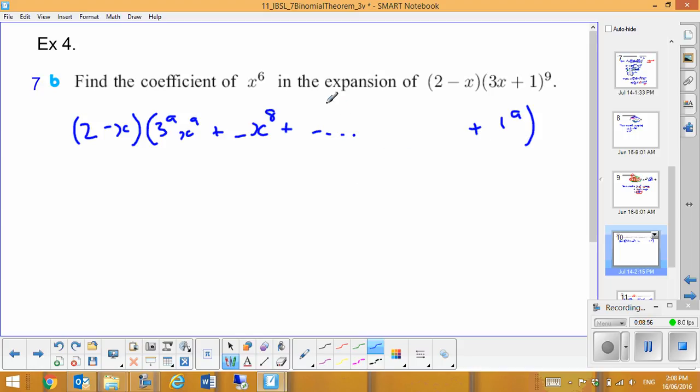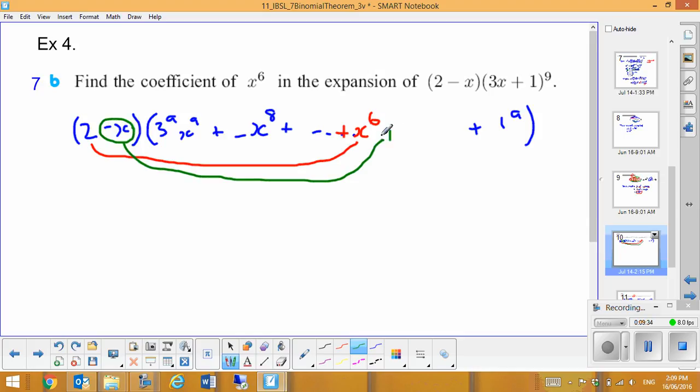But if we want the term in x to the 6th, then when I do this multiplying, I'm going to go 2 times a term in here that's going to be x to the 6th, because they're going down in ones: x to the 9th, x to the 8th, x to the 7th, etc. So we want 2 times that term, and then minus x times the term after that, which is going to be something or other.